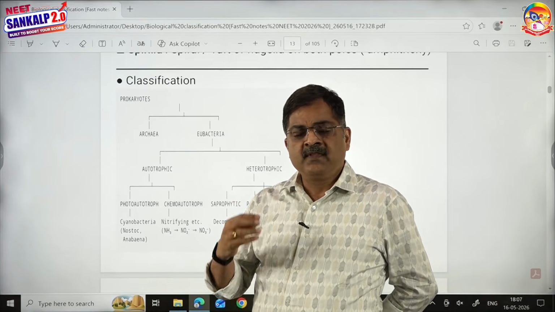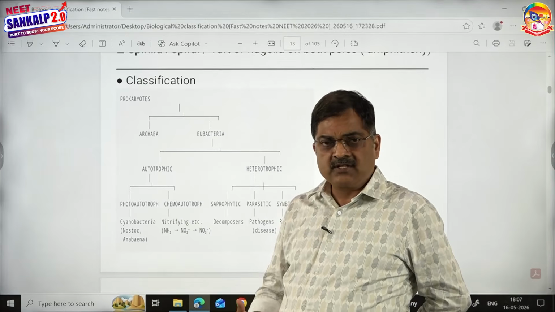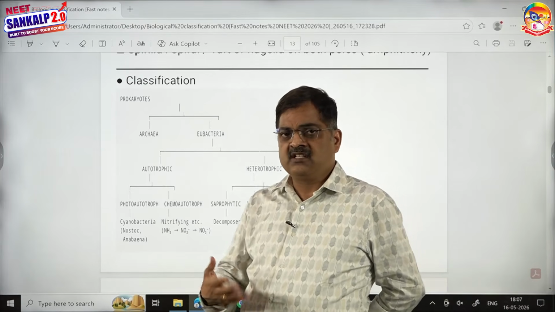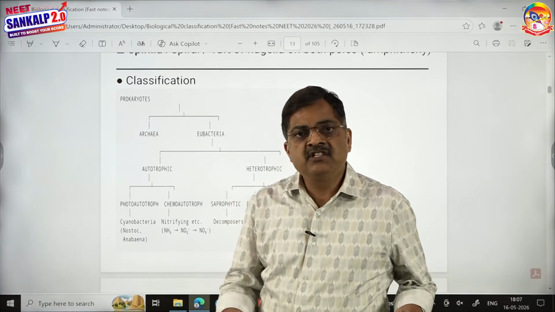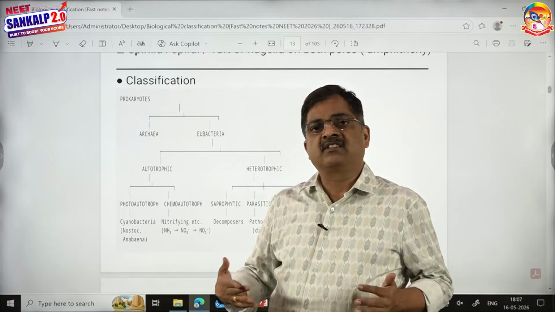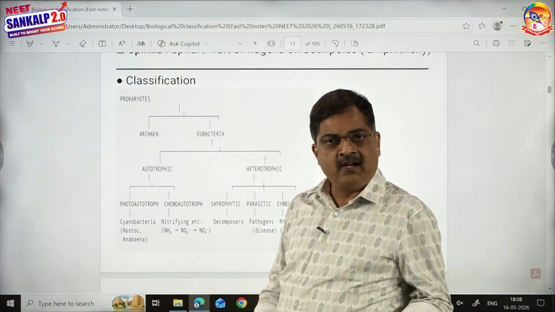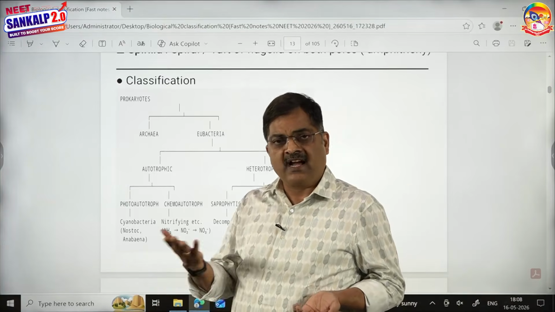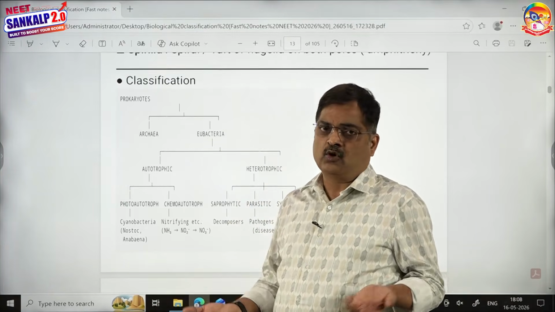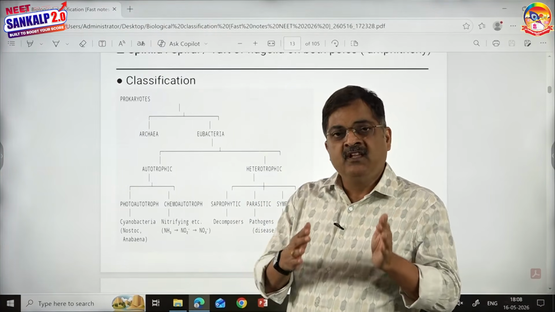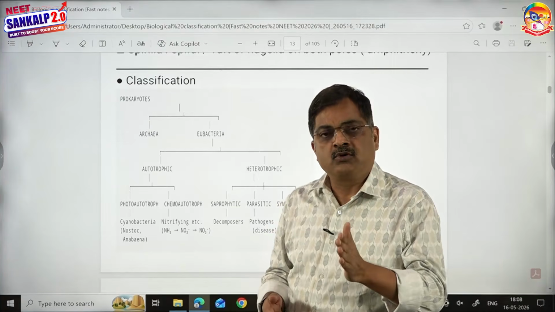Your textbook says inorganic chemicals get oxidized. Any oxidation process is an energy-releasing process. This energy helps in the synthesis of ATP. If iron gets oxidized, iron bacteria; sulfur gets oxidized, sulfur bacteria; ammonia gets oxidized, ammonifying bacteria. They are all examples of chemoautotrophs.